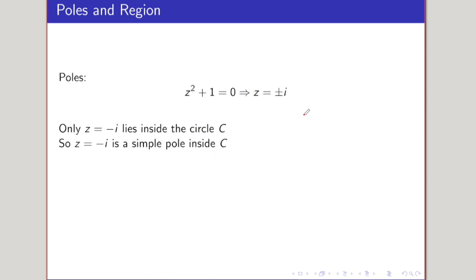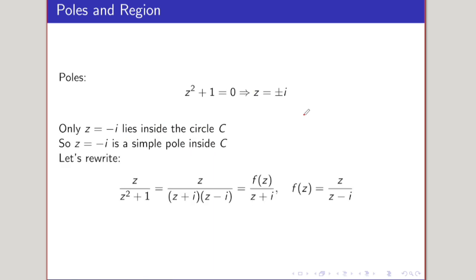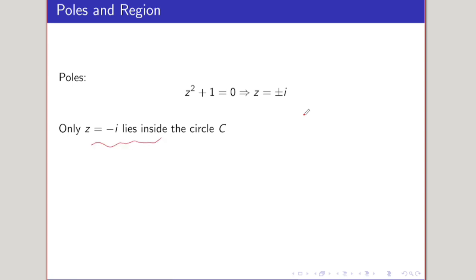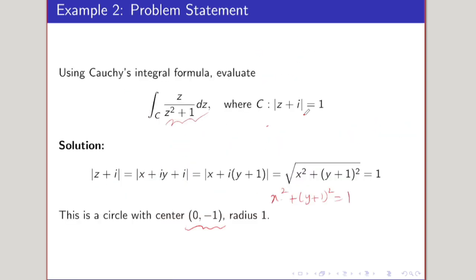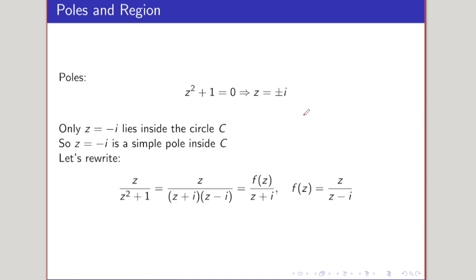On the next, we want to factor. This is the given function z by z square plus 1. So I am taking the given function, and this can be factored because plus i, minus i, so it can be written as z minus z1 into z minus z2. So z1 will be plus i and z2 will be minus i.